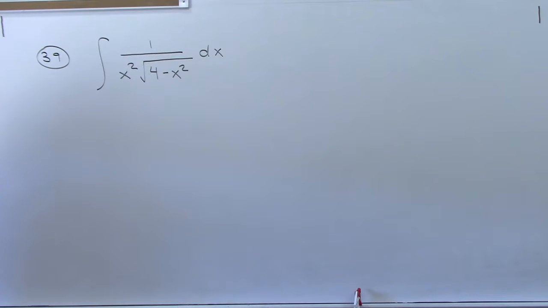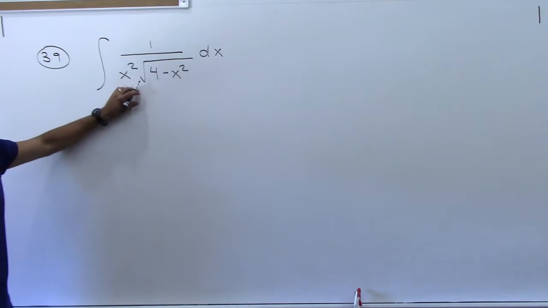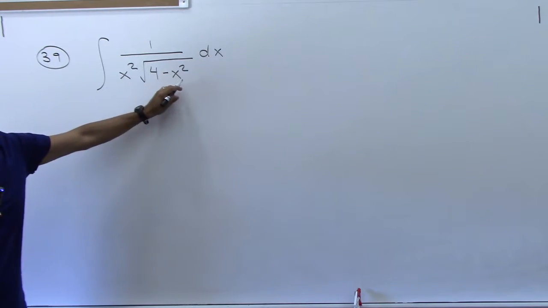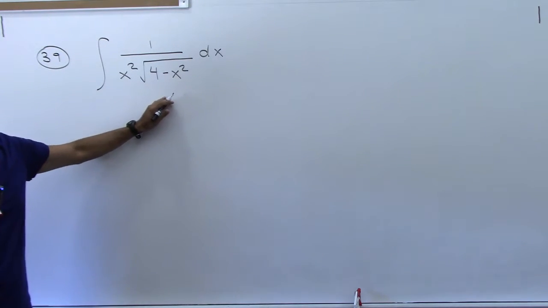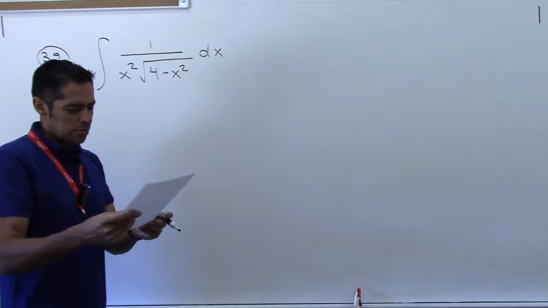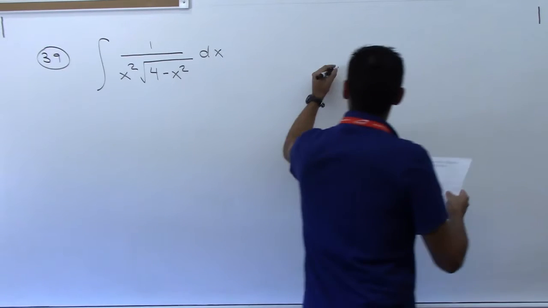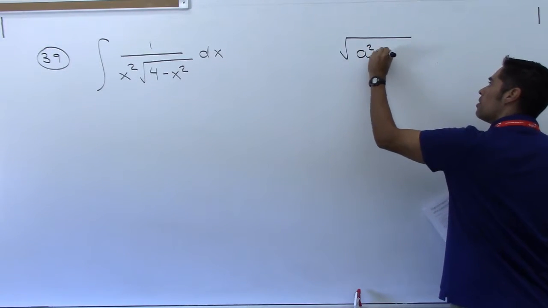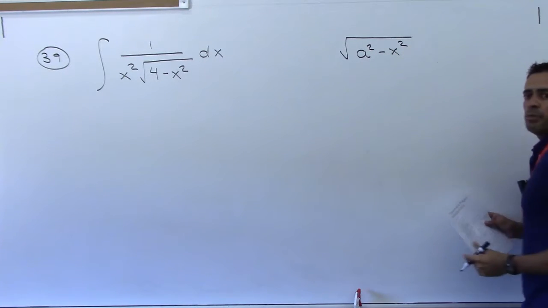But what are you thinking? See the square root there? You've got a number minus something squared, your variable squared. So according to this, we should make a substitution. I'm using the format that looks like this: square root, what is my constant squared first, then minus my variable squared.